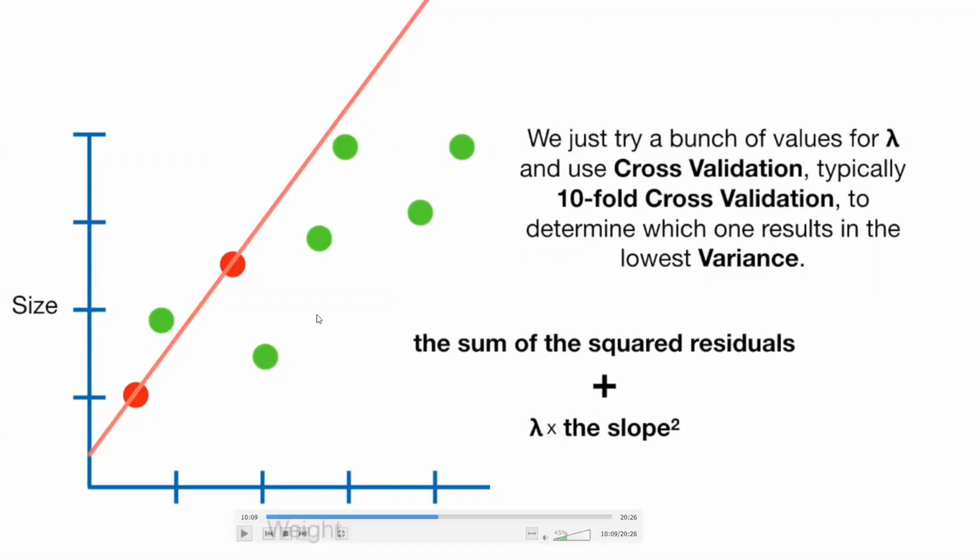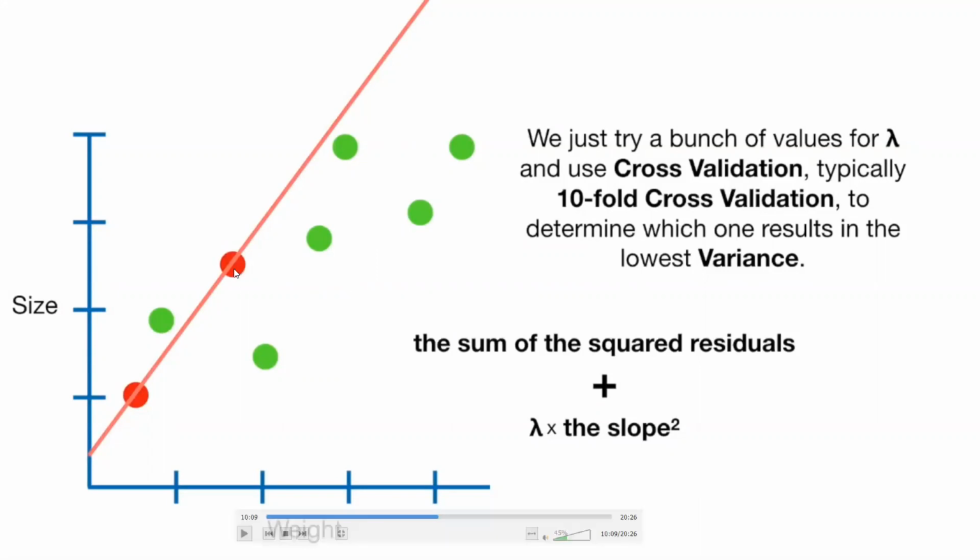For this particular data set, we have 1, 2, 3, 4, 5, 6, 7, 8 points. If we use 2 points to regress a line, we can use ridge regression to find the parameters of the line using those 2 points. Then we can test it on these 6 green points, right?